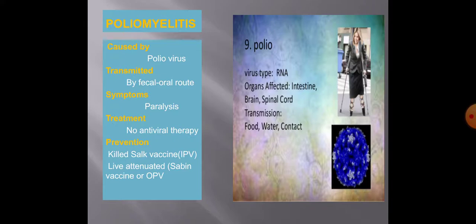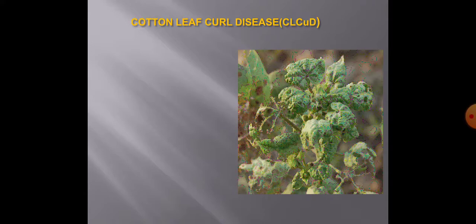OPV stands for oral polio vaccine, so polio drops are basically OPV. The Salk vaccine and Sabin vaccine are named after the scientists who discovered these types of vaccines for the first time.